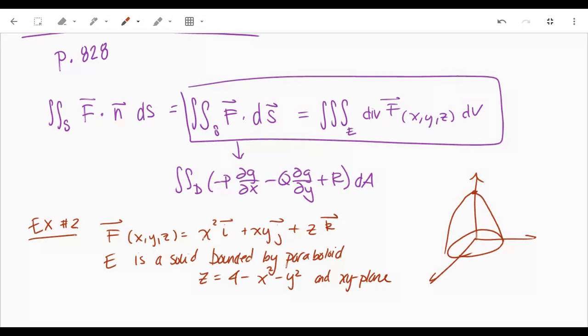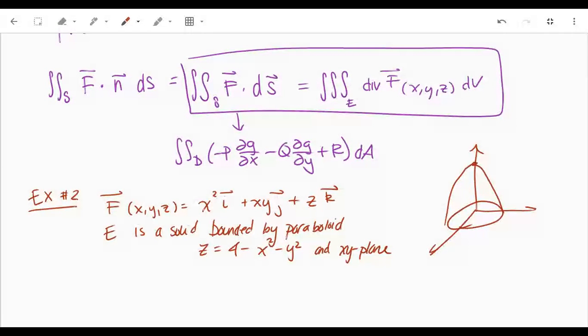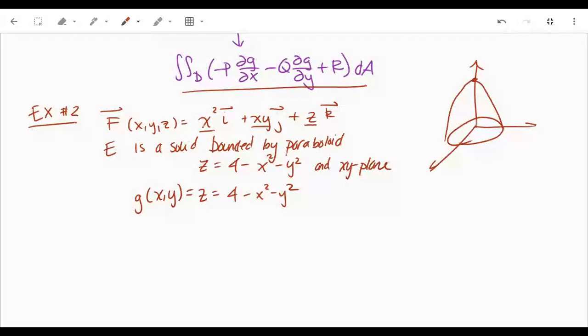So for that surface, the two things that we need to do that left-hand side are P, Q, R. So we've got that P, Q, R, and then g of x, y, which is z, which is 4 minus x squared minus y squared. Okay, so we would do your double integral of negative P, so negative, let me do dg dx would be negative 2x, and dg dy would be negative 2y.